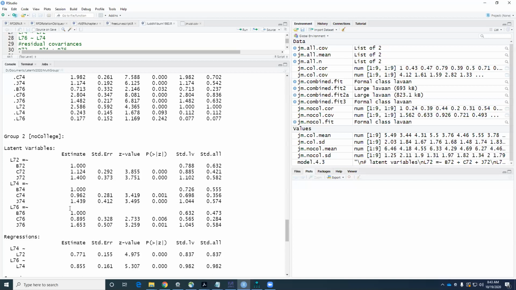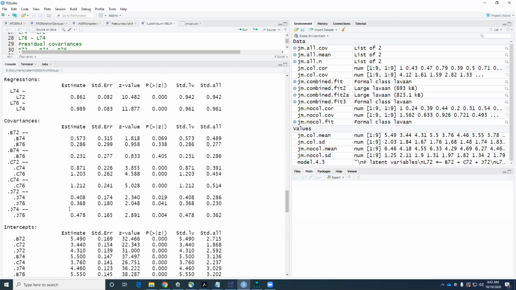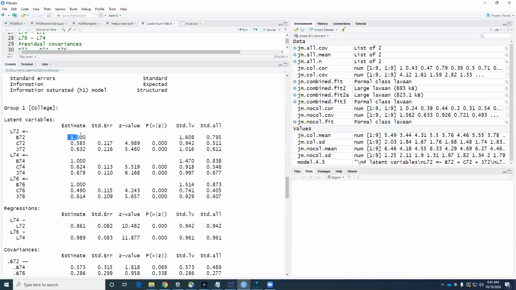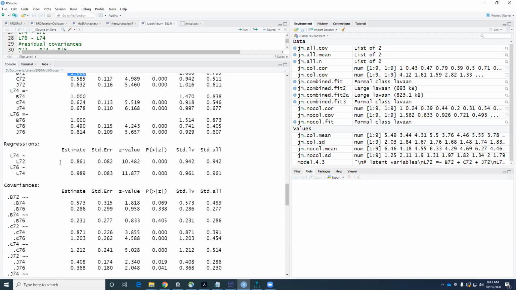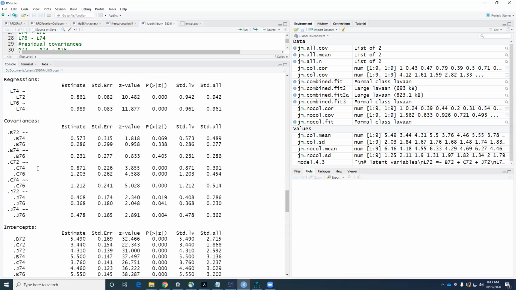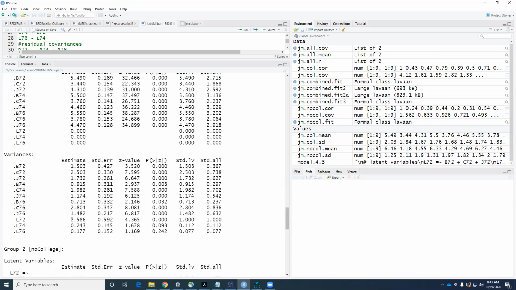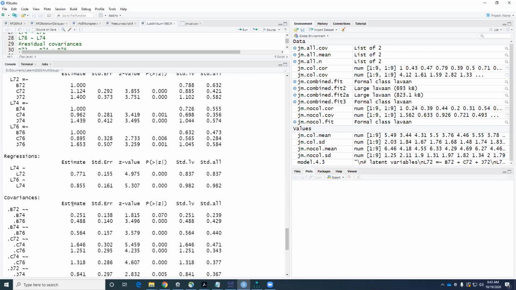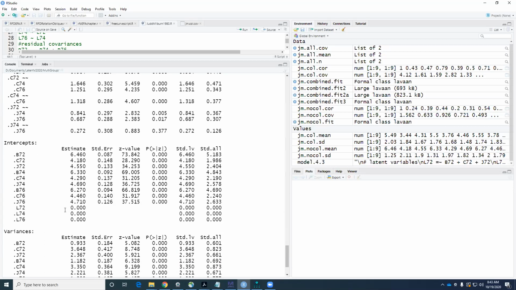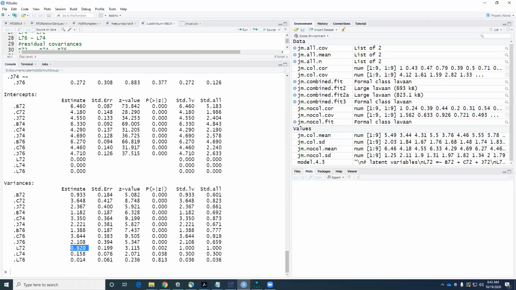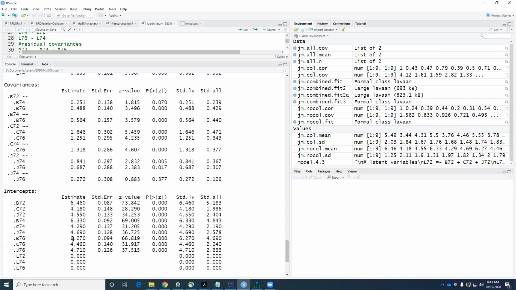The variances are going to be different across the groups because I identified the model by fixing the first loading to be 1. Here's my variances: 2.586 in group 1, and down here, 0.620 for group 2.